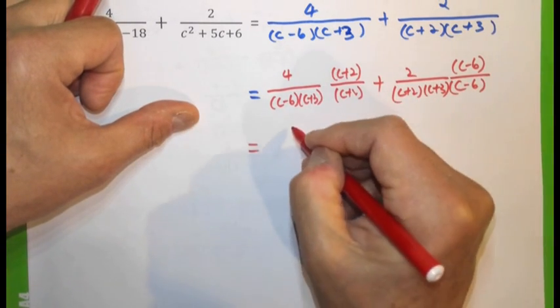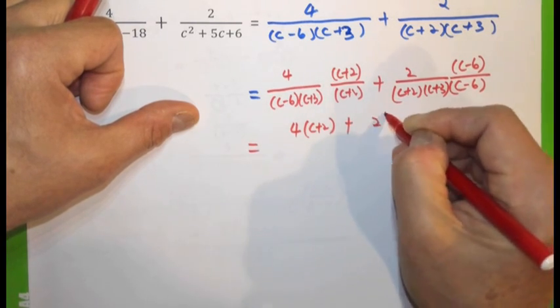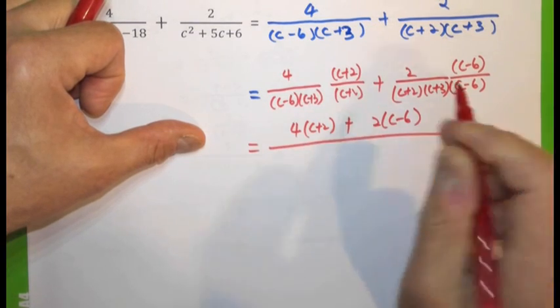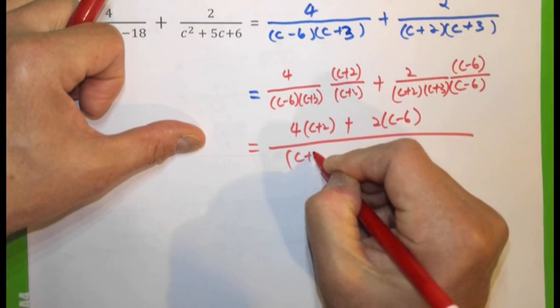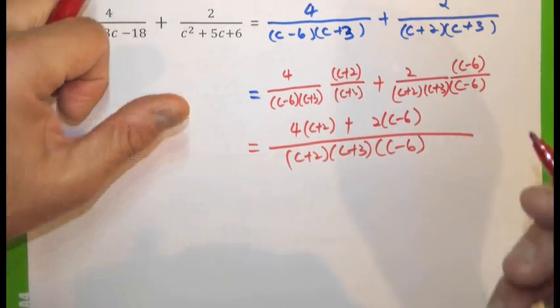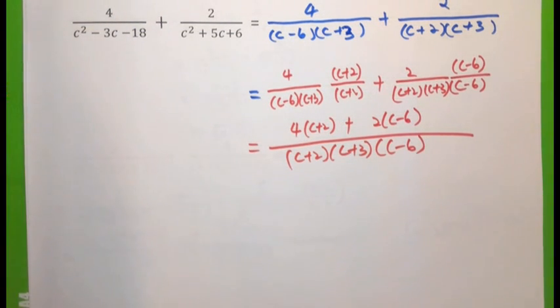Rewriting, it is 4 times c plus 2 plus 2 times c minus 6. Because they have all got a common denominator, we can write it over c plus 2, c plus 3, and c minus 6. And that's it. That's how you add these two algebraic fractions.